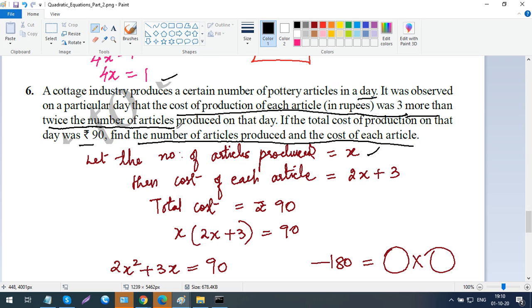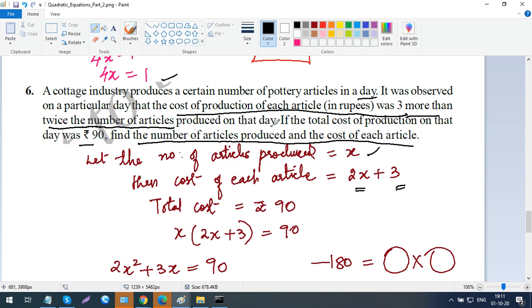So we had actually assumed the articles produced on that day was x, right? Now they are saying the cost is 3 more than twice the number of articles. So 2x is twice plus 3, right? Because it's 3 more than. Now this is your articles produced and cost of articles, it's been written.